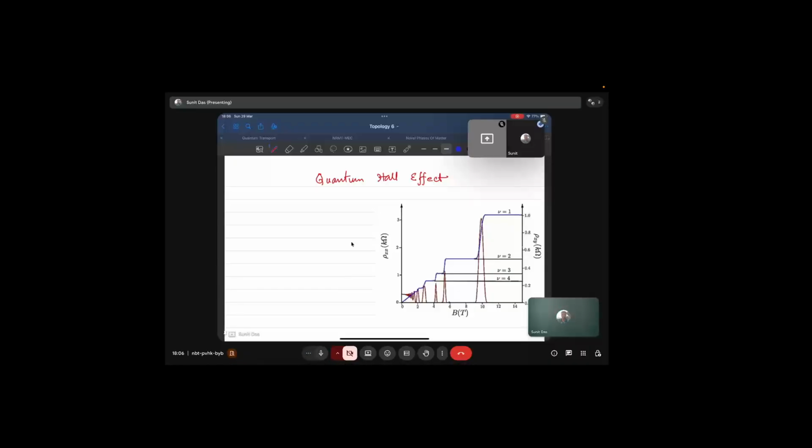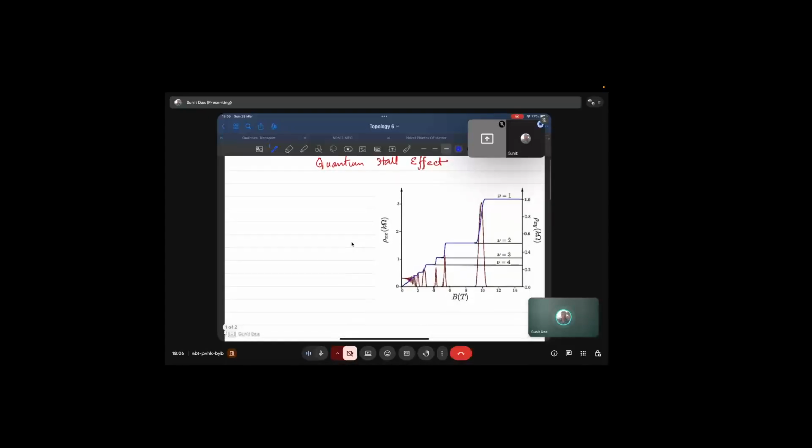So before understanding the quantum Hall effect, what we know from our basic solid state physics is that if we plot the resistivity versus the magnetic field, what you see is this, my rho xx curve, which is independent of B, because rho xx is related to sigma xx Drude.